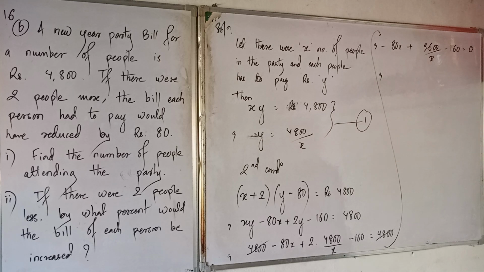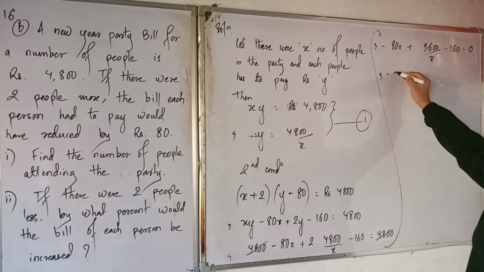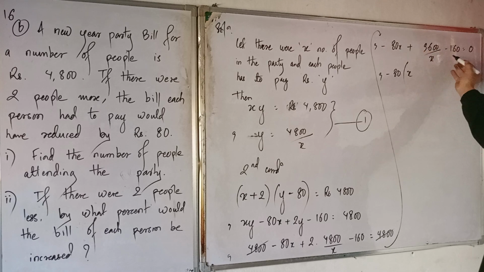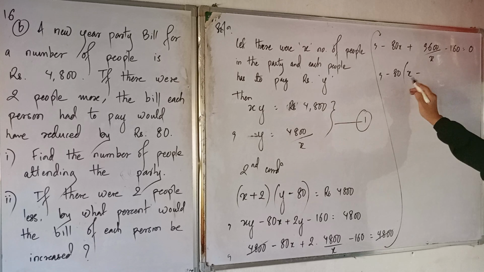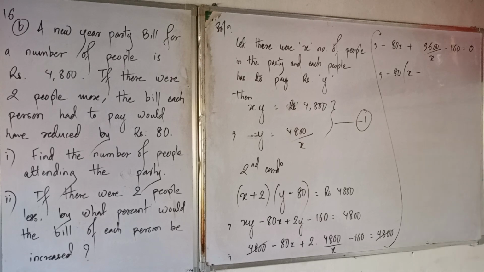From here you can take minus 80 common. If I take minus 80 common, then it will be x, plus becomes minus, and 9,600 divided by 80 is 120.